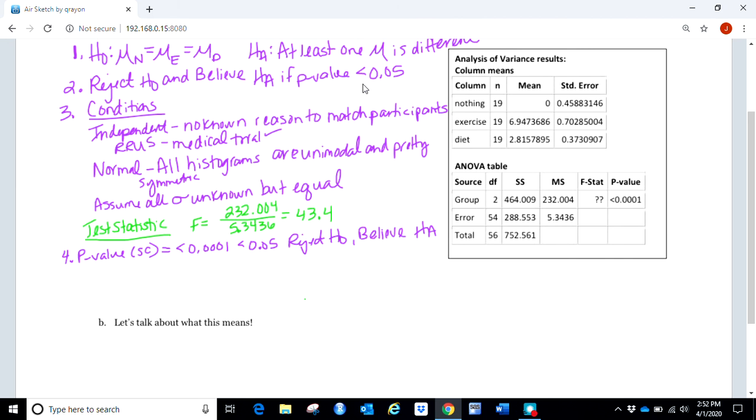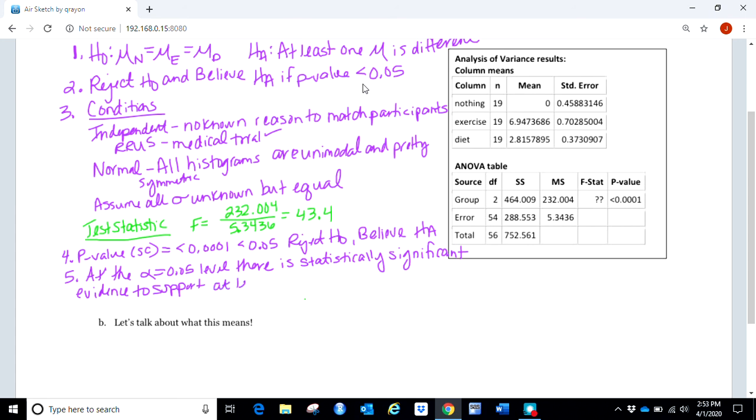So what does our interpretation look like? Well, if we follow the same format as usual, our alpha is 0.05. We rejected the null, so there is our statistically significant evidence to support, and then our last part is the alternative hypothesis, but in words.